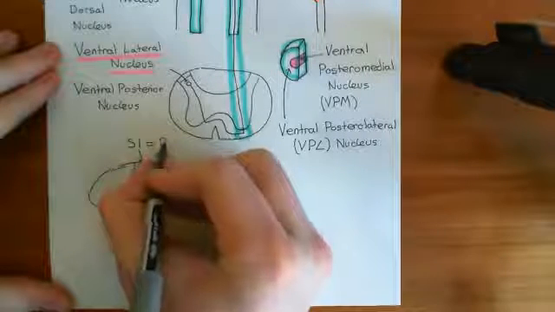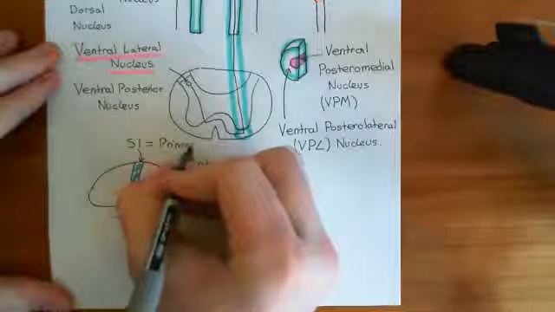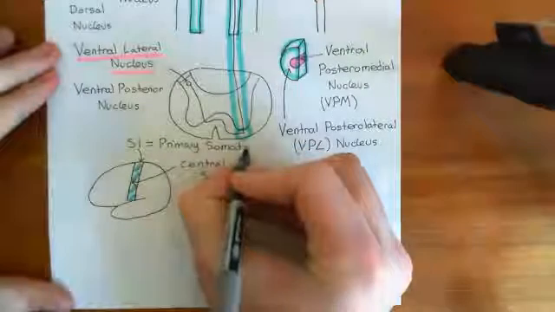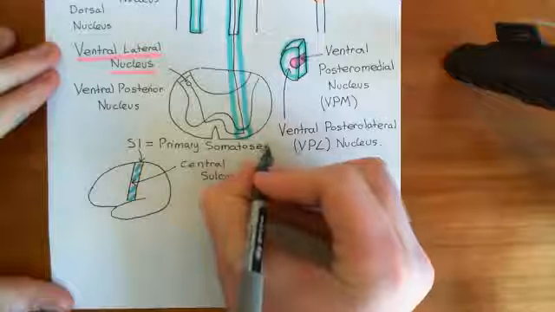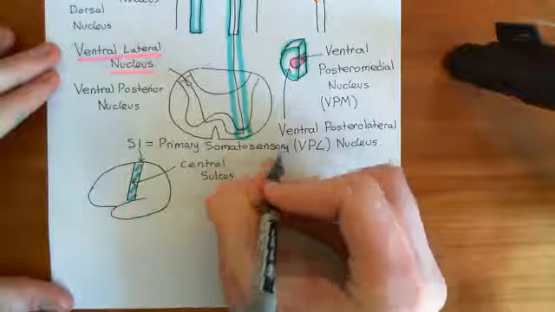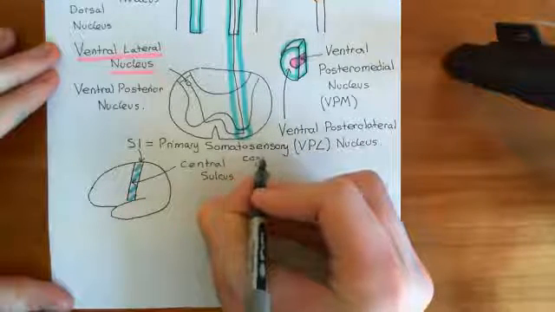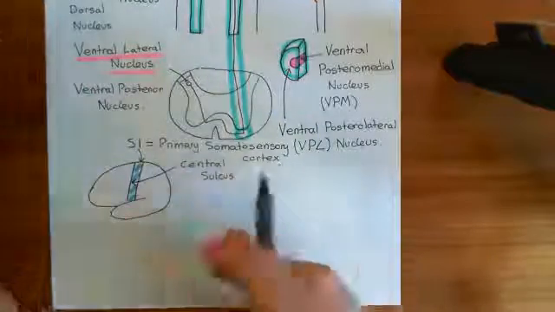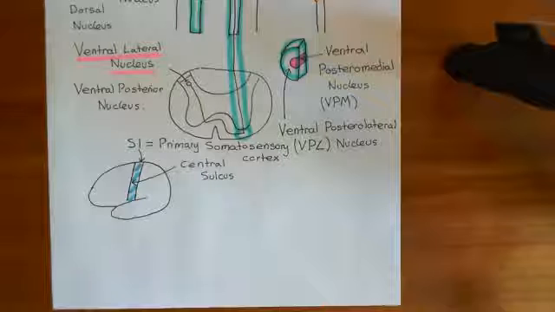So this is the primary, because it's the first one, and then somatosensory cortex, or if you're being less serious, just the primary sensory cortex. Somatosensory is the full name for it, but sensory is fine. This is where most of the primary sensory information comes in, basically.